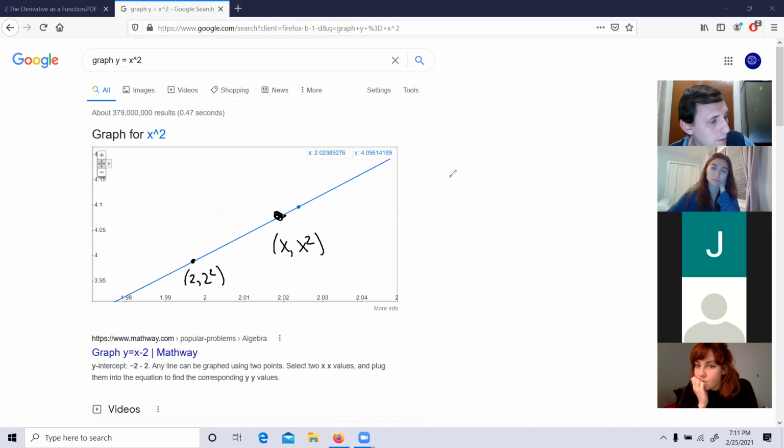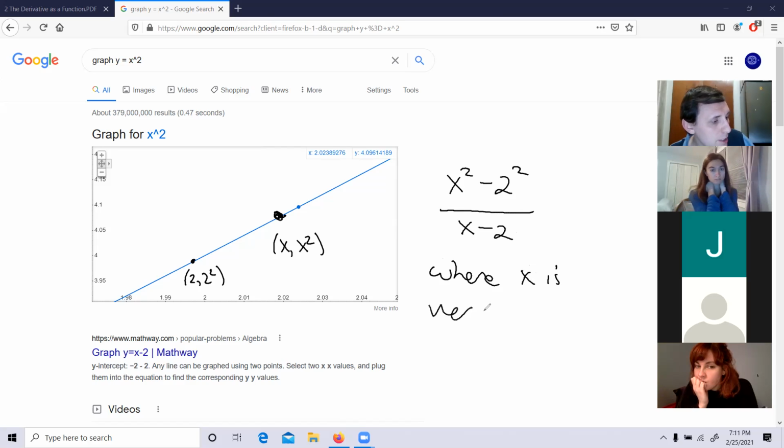I'm seeing x squared minus 2 squared divided by x minus 2, where x is very close to 2. You agree? Any x that I'm seeing in this picture is very close to 2, which is the same thing as saying limit as x goes to 2.